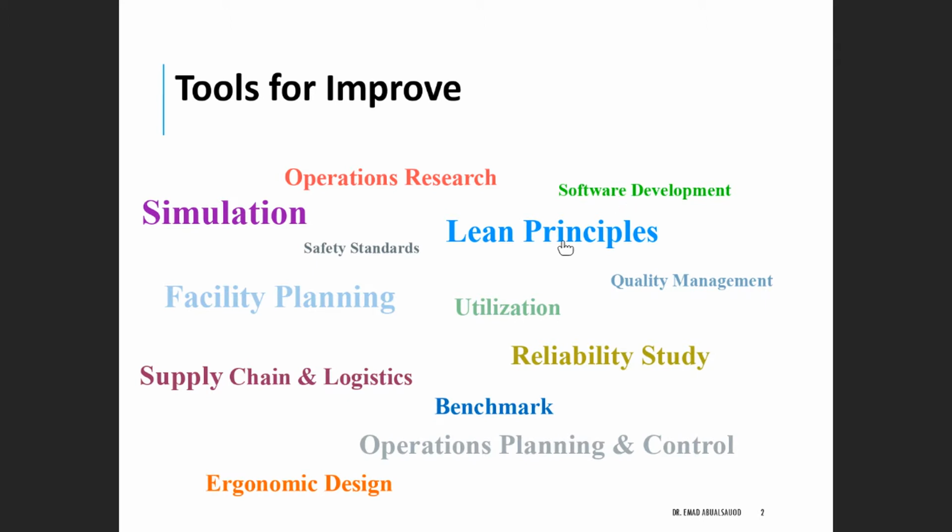Lean principles, and we have learned some of the tools for lean to reduce waste along the way while you are reducing the variability. Quality management could be an authentic institute, association, or organization that certifies your process or your product.